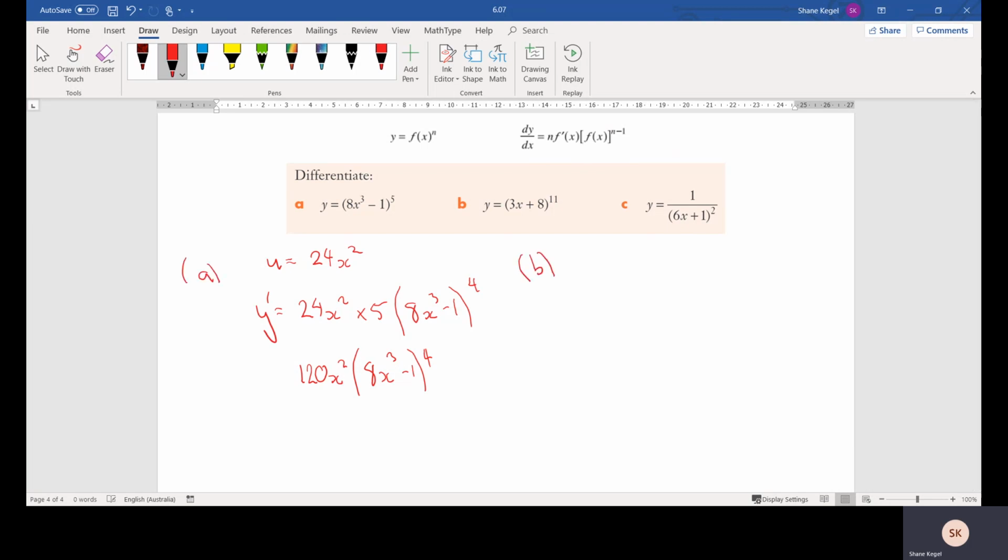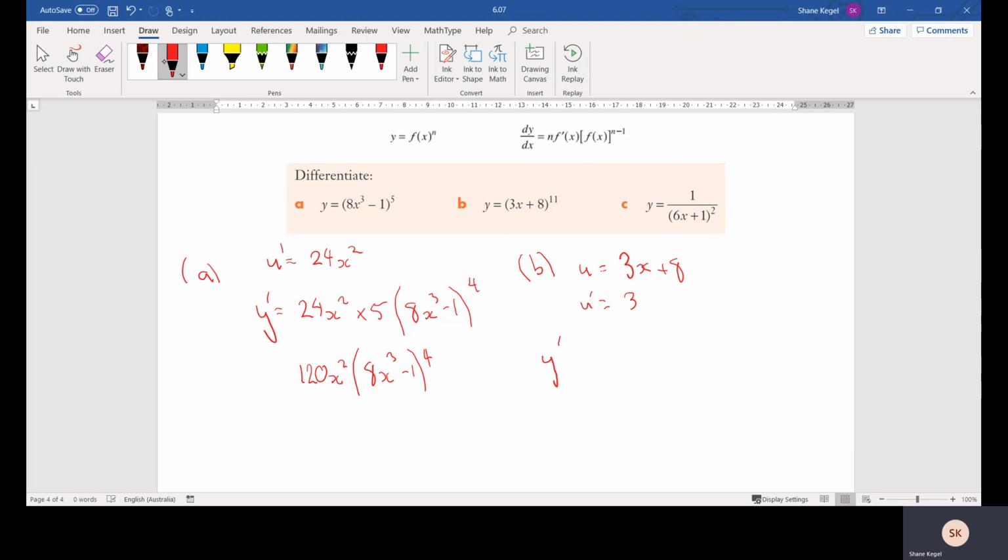So part B. We'll do part B over here. That was part A. Same thing. Set u equal to your inside function, or 3x plus 8. By the way, this here was u dash. I skipped a step there. So therefore, u dash equals 3. So now I'm going to derive it just like I would. Bring my inside derivative out the front.